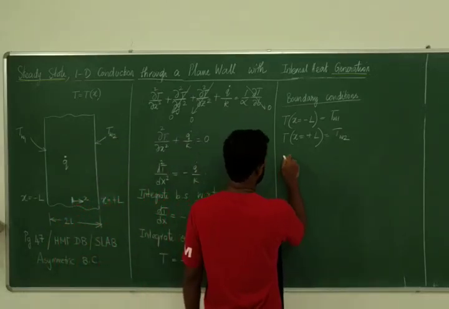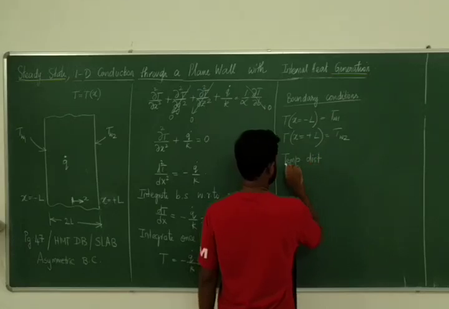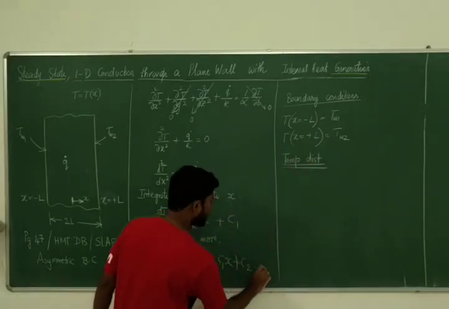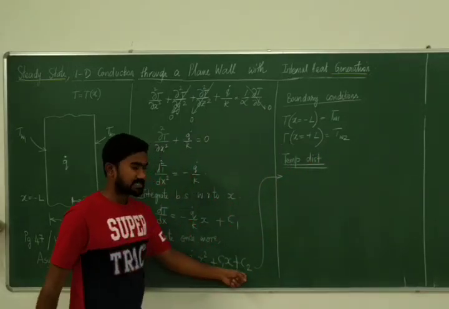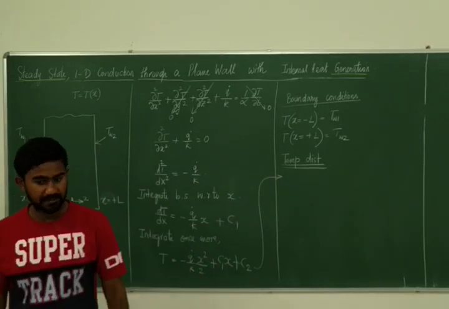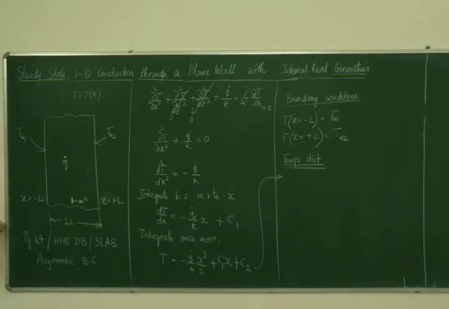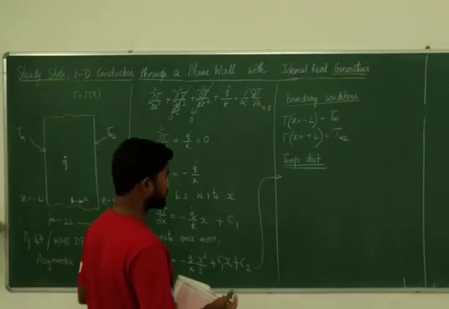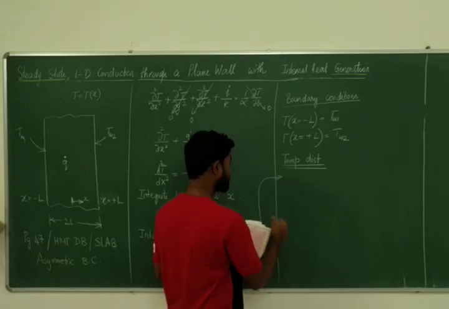I am not going to do that for you, but I will straight away write the temperature distribution. When you find C1 and C2 using the boundary conditions and substitute, you will get the temperature distribution. You can take it as an exercise. You can substitute C1 and C2, find the temperature distribution.